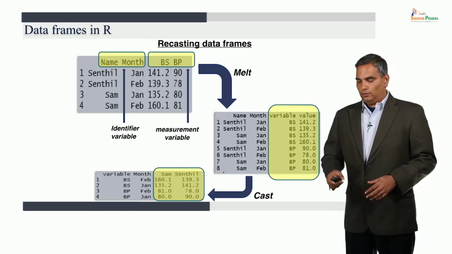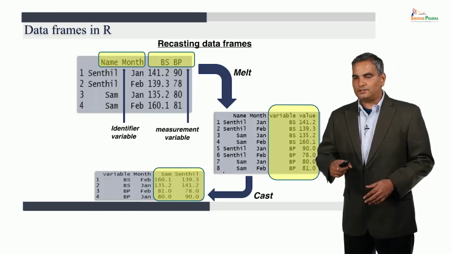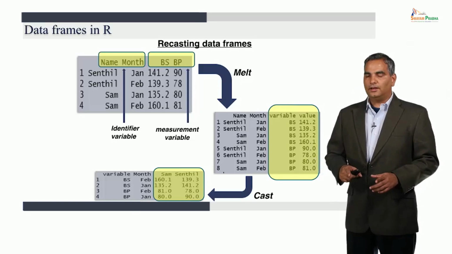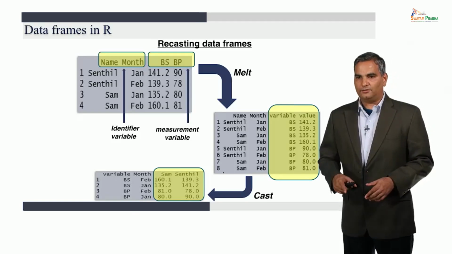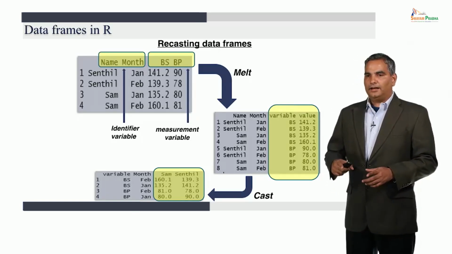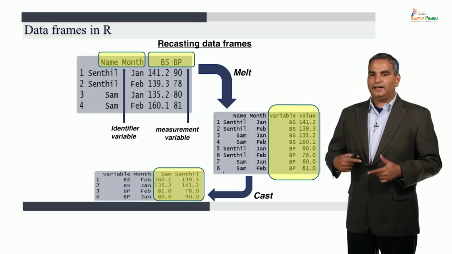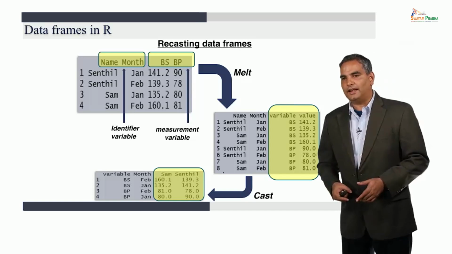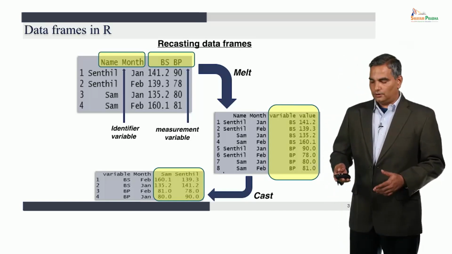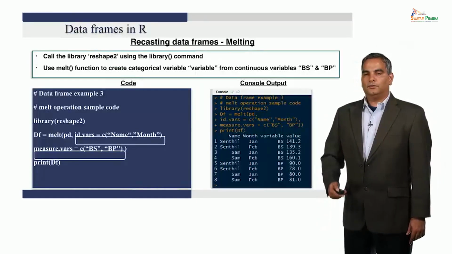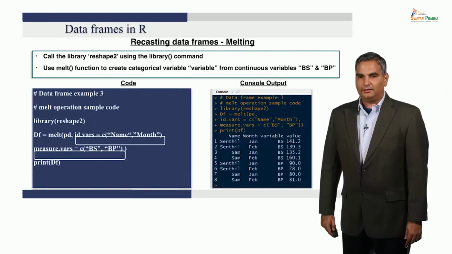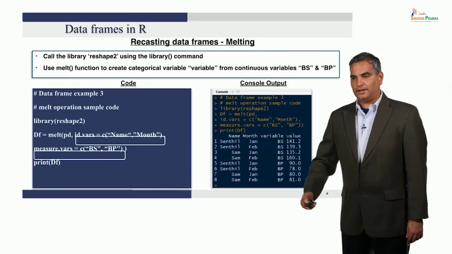and then we have to see how we do this cast. Now, before we do that, we'll just point out that we are going to use the name and month as identifier variables, and blood sugar and blood pressure as measurement variables. So for each of the identifier variables, these would become values that are stored in a data frame. We can use the melt command with data frames to do the first activity.